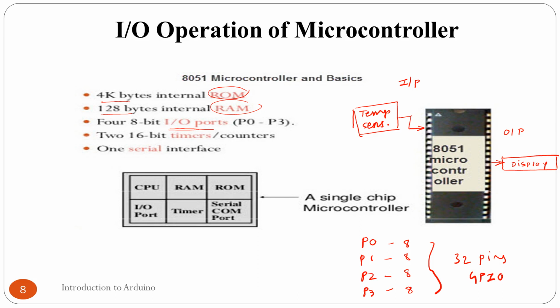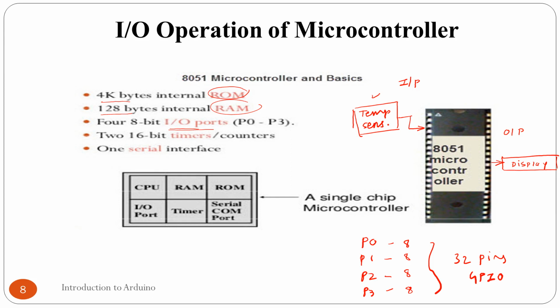We can use only these 32 pins for interfacing display devices or sensors. Whenever you want to interface devices like a display device, LED, motor, stepper motor or sensors, you must interface these devices to these GPIO pins only.